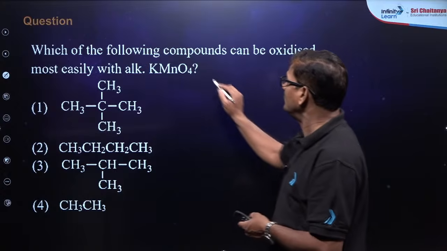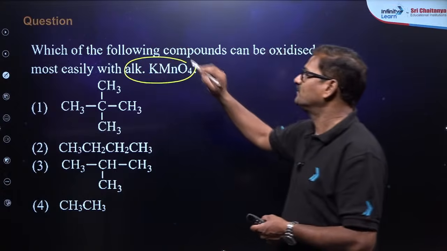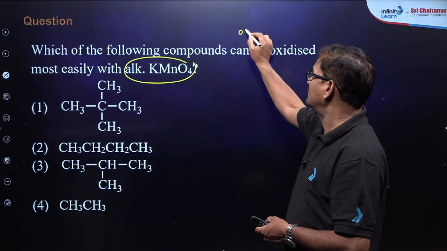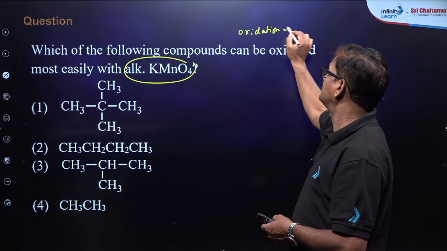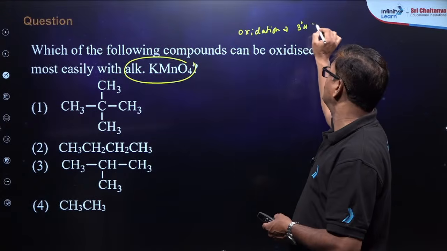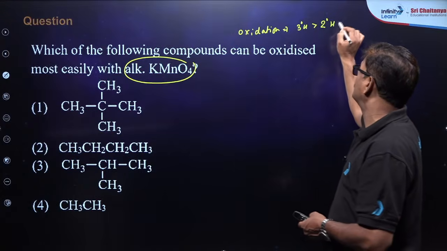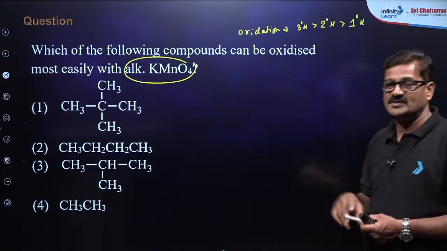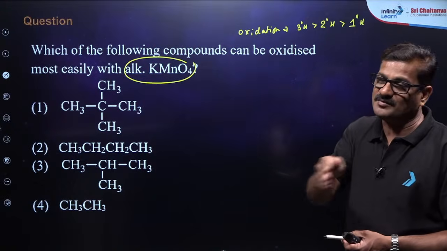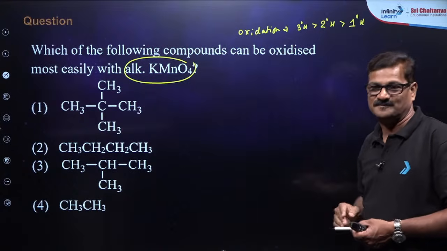Whenever KMnO4 is used, oxidation takes place. Tertiary hydrogen is more reactive than secondary hydrogen, which is more reactive than primary hydrogen. Oxidation means oxygen is introduced between carbon and hydrogen.